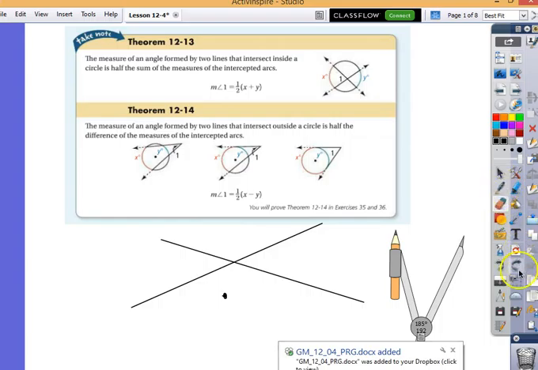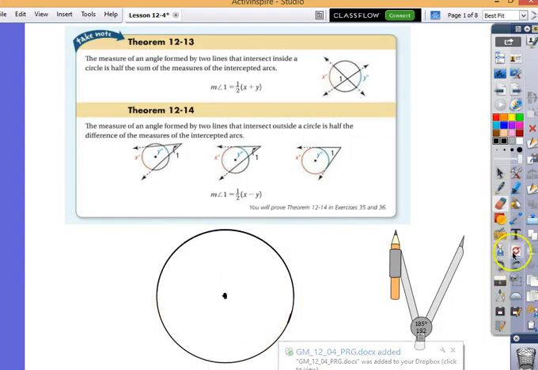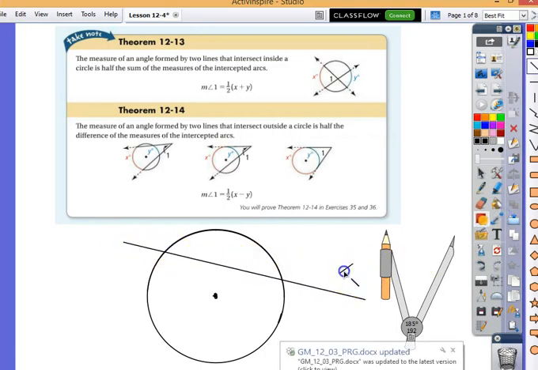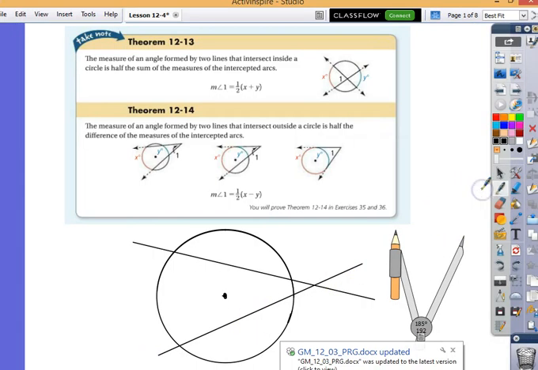So I'll just get rid of this stuff right here, and we'll make another line. And now the vertex of those two lines is going to be outside the circle. So the vertex can be at the center of the circle, I can cross somewhere in the interior of the circle, I can cross on the circle, or I can cross outside the circle.